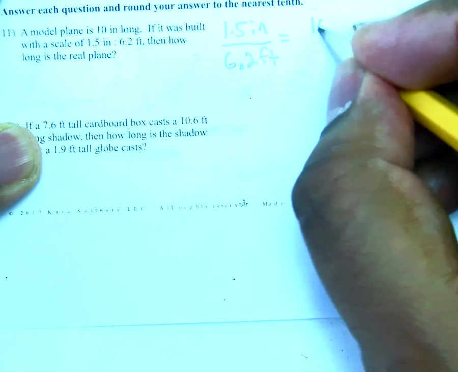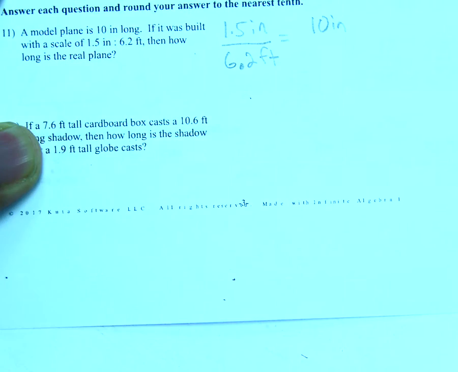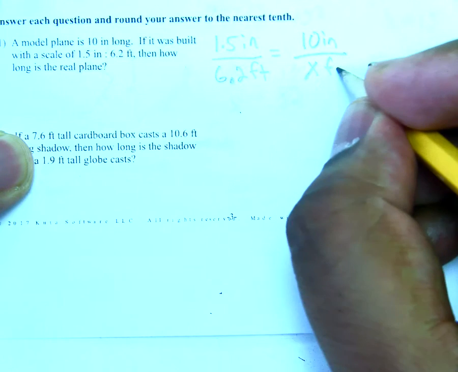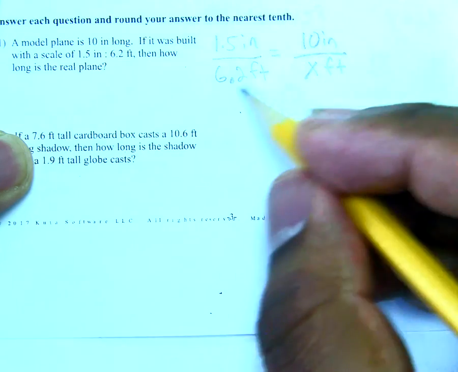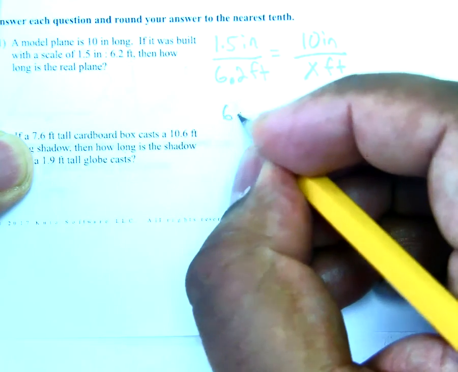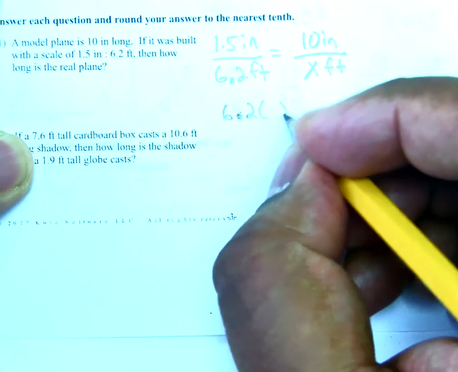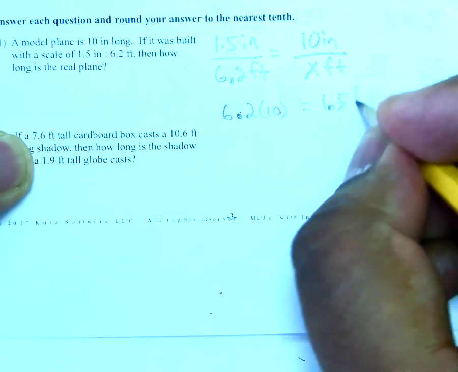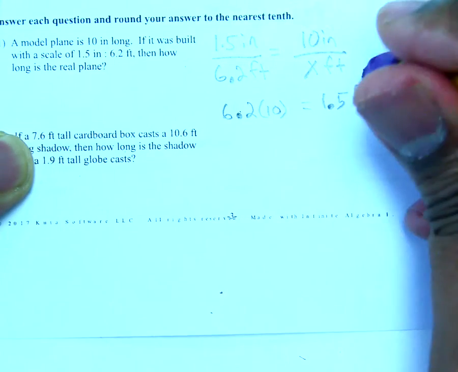So we've got 10 inches. And we're going to divide it by our unknown feet. And the same thing we've been doing, we're going to cross multiply here. We have 10 times 6.2 equal to 1.5x.